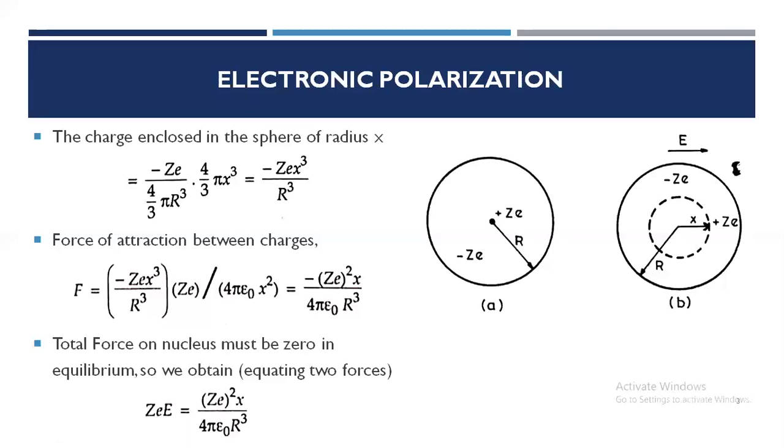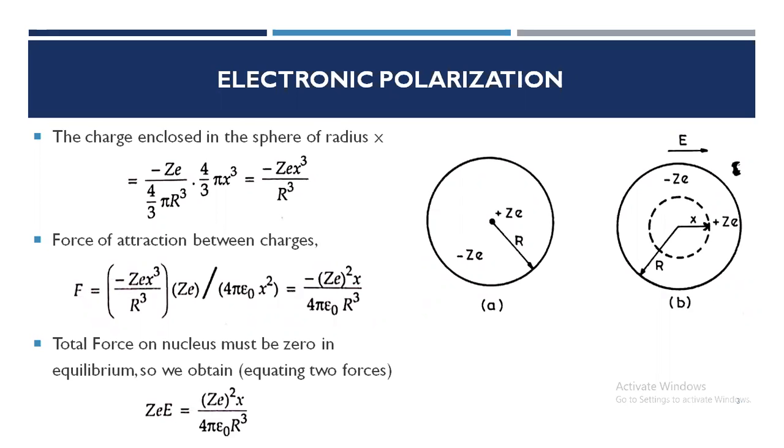One is the Coulombic attraction between the charges, and the other is the force on the nucleus due to the electric field E, which is equal to ZeE.